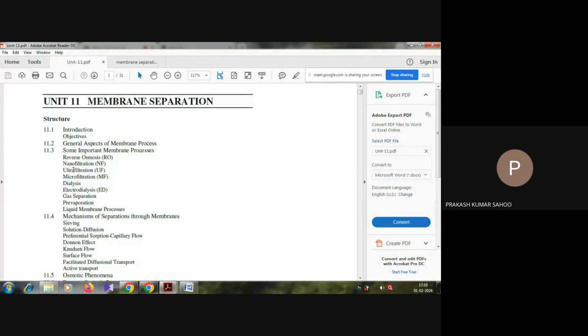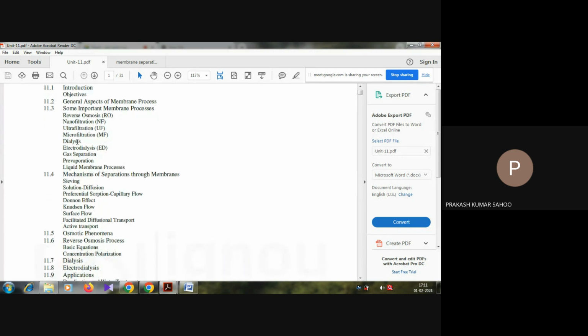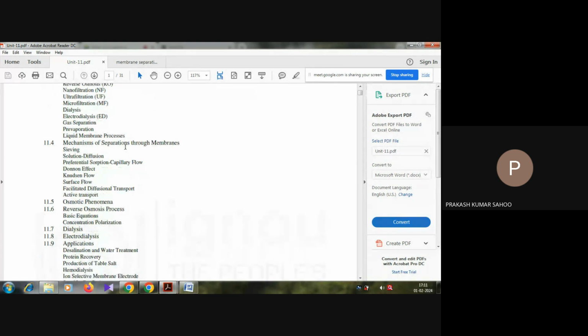And we have nanofiltration, where the pore size is in the nano scale, and ultrafiltration, where the pore size is even smaller. Then we have microfiltration, then dialysis, then electrodialysis, gas separation and pervaporation, and at the end, the liquid membrane process.